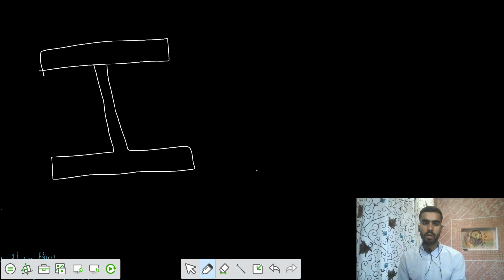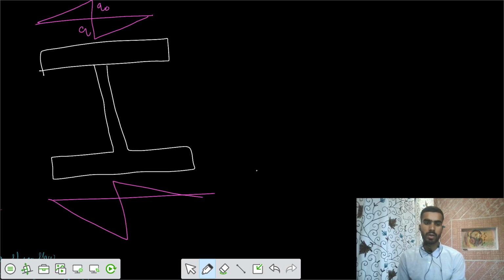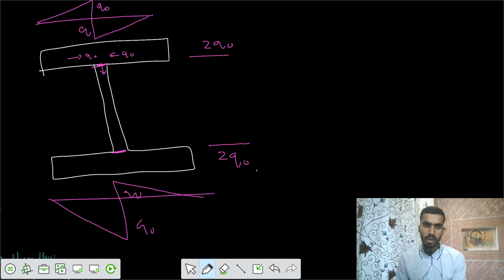We can say the top variation would be Q0 and Q0, and similarly from the bottom side also you can show Q0 and Q0. At the junction we have a value of 2Q0, and from the top side also we have a value of 2Q0 entering into the web. This was Q0, this was Q0, and it enters a value of 2Q0 into the web.